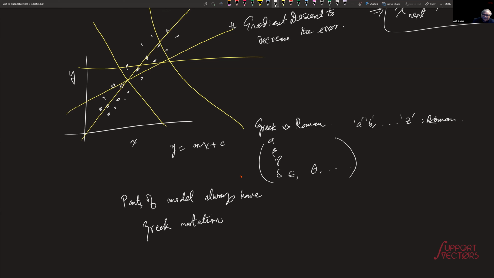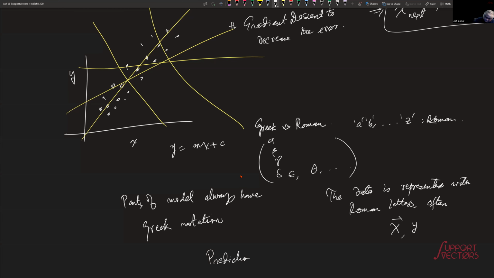Then the data is represented with Roman letters, often X, Y. And the last thing is predictions wear a hat: y hat. So the predicted value always wears a hat. You see this big hat here? So follow these three conventions.